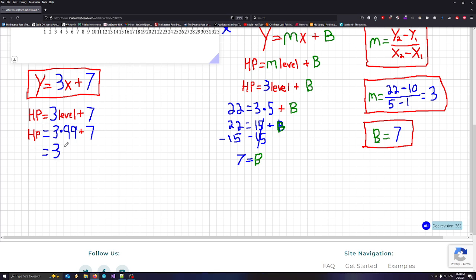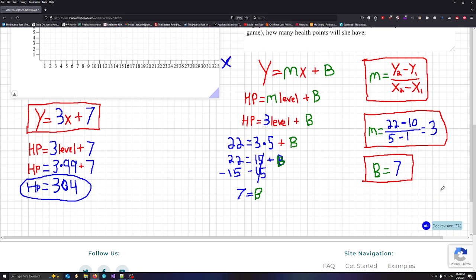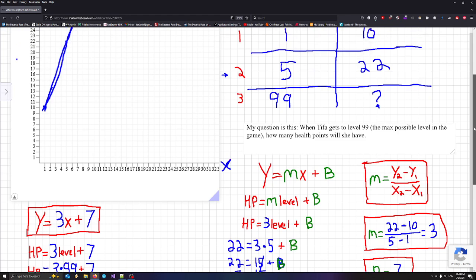So she should have 304 health points, HP, when she's level 99. If we did this right.